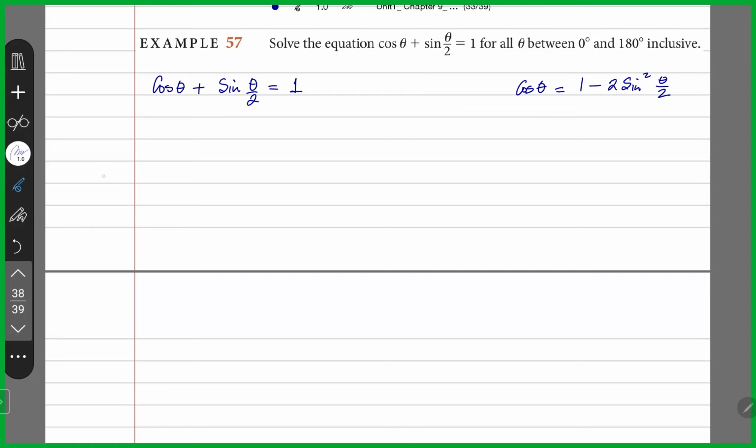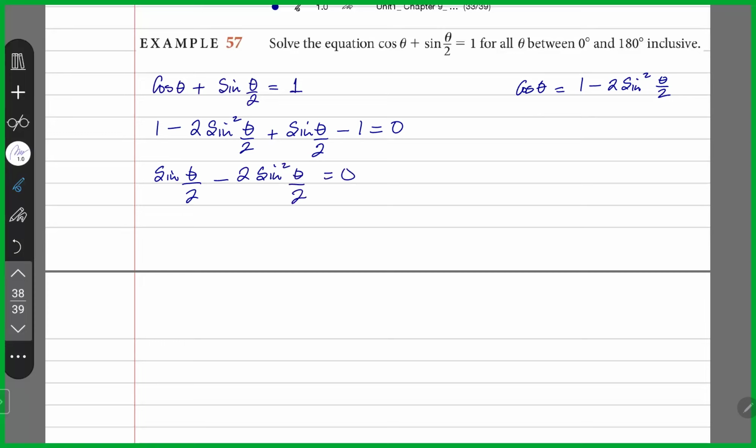So 1 minus 2 sine square theta over 2 plus sine theta over 2 minus 1 is equal to 0. So what we end up with is sine theta over 2 minus 2 sine squared theta over 2 is equal to 0.